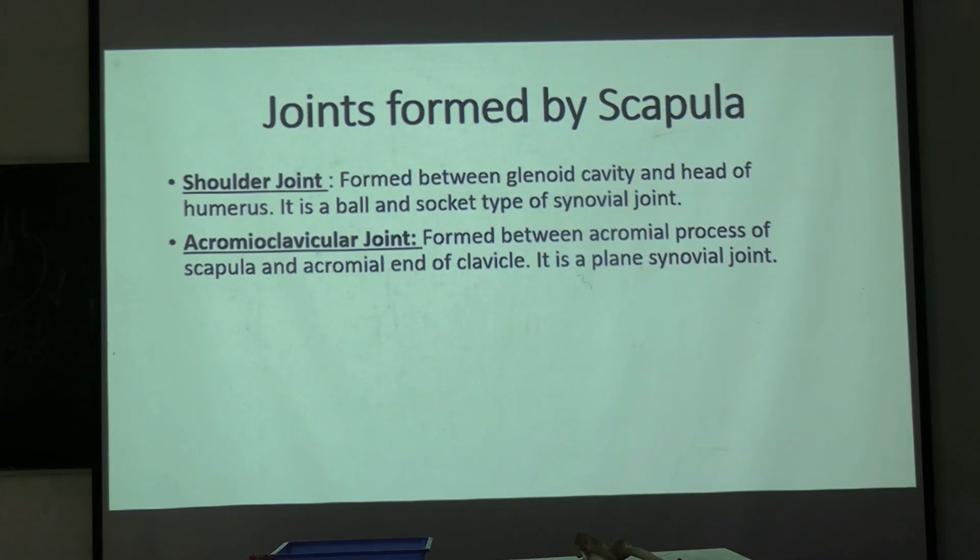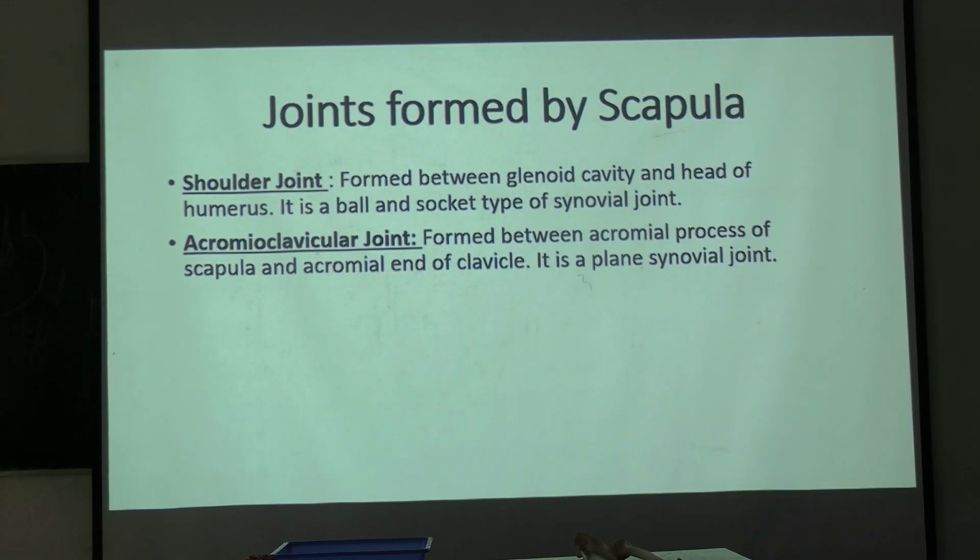Around the margin of this glenoid cavity, the glenoid labrum is attached. It deepens the cavity and forms the socket for the head of the humerus. This glenoid labrum is an example of fibrocartilage. Next is the acromioclavicular joint.